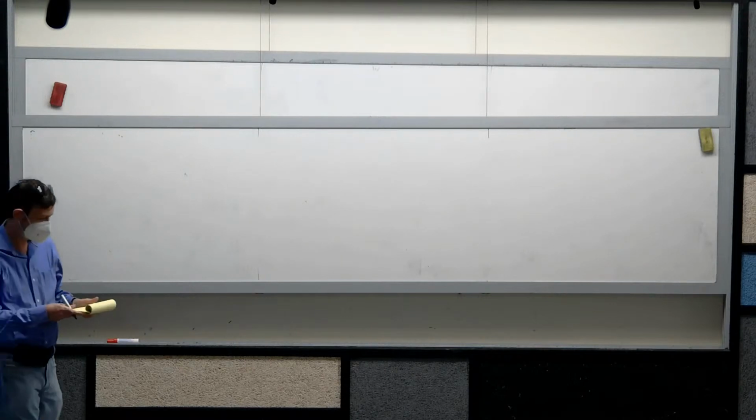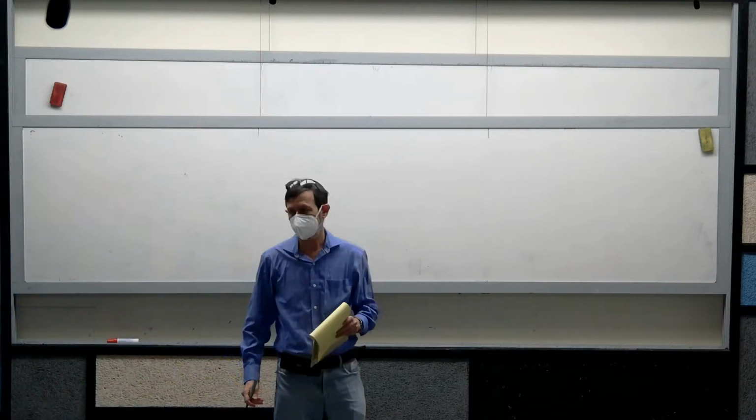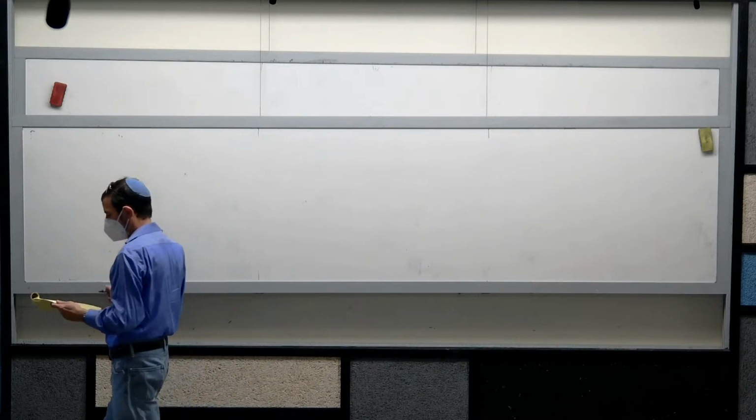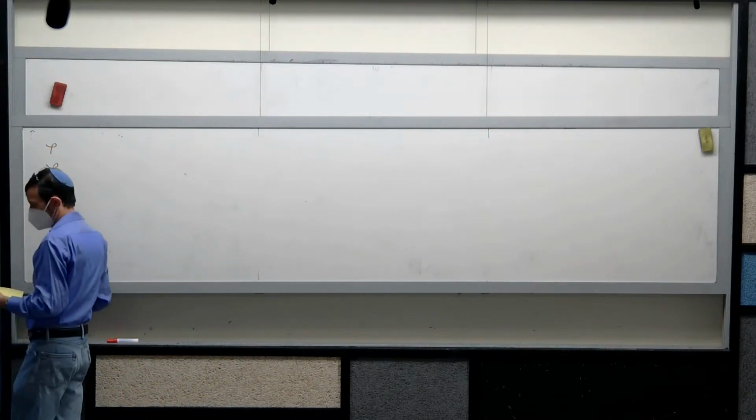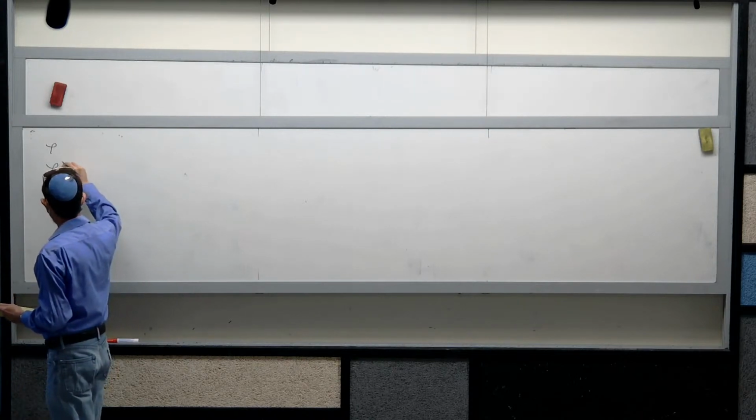Okay, so let's sum up where we got at the end of the previous lecture. We had fields, phi and phi conjugate.